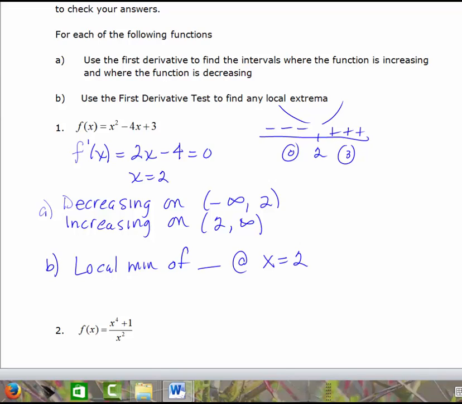To find this local min, we can graph it, or we can just find f of 2. This is where I go back to the original function because I'm looking for a function value. F of 2 is 2 squared minus 4 times 2 plus 3. So I get 4 minus 8, which is negative 4, plus 3, so I get negative 1. So I have a local minimum value of negative 1 that occurs at x equals 2. Let's graph the function.